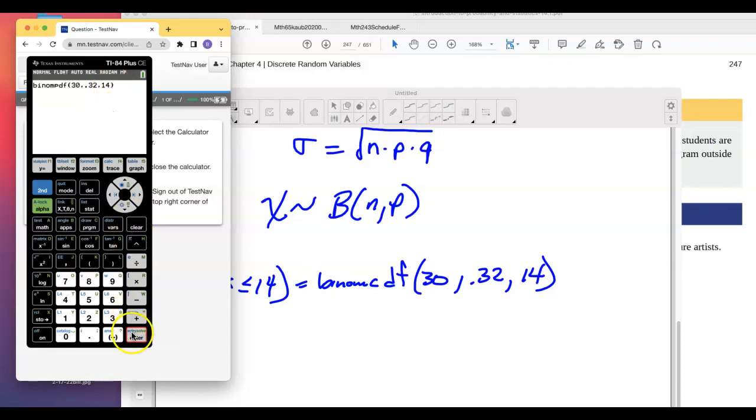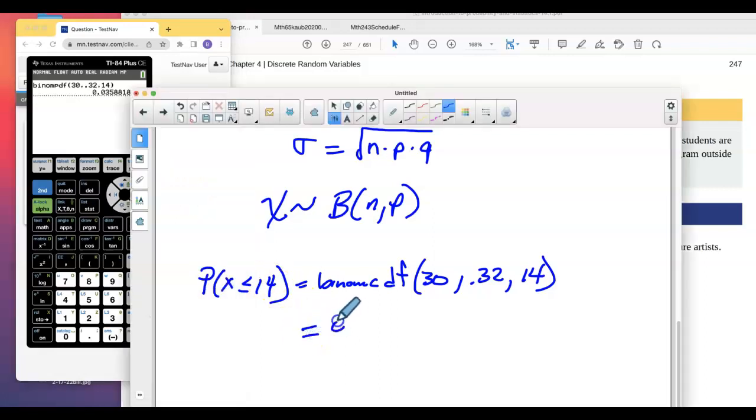All right, we push enter. So our probability here is 3.588%. So in this case, our answer is 0.03588.